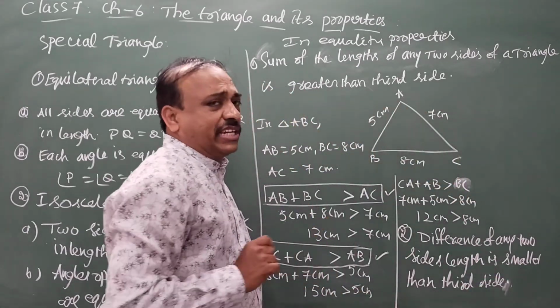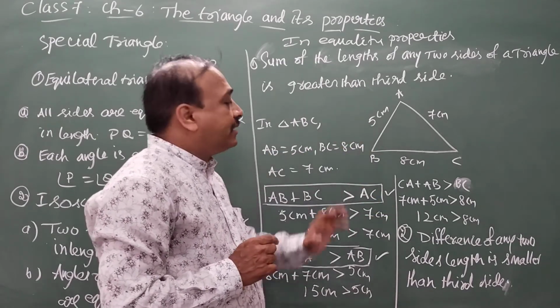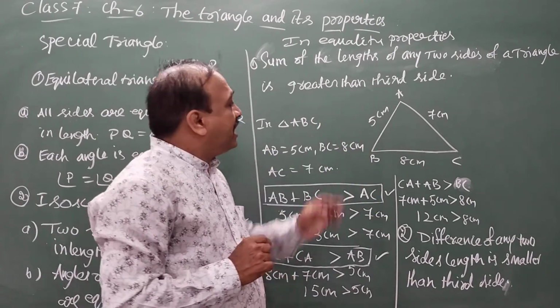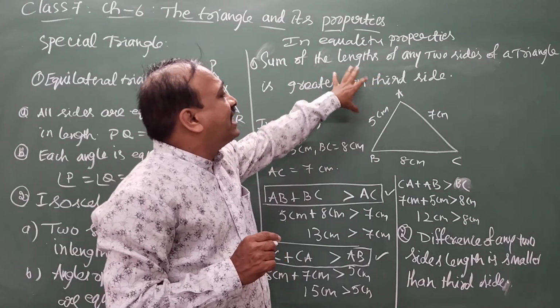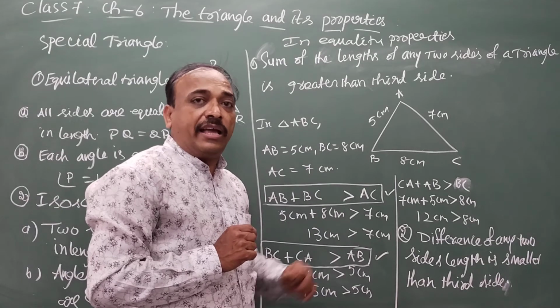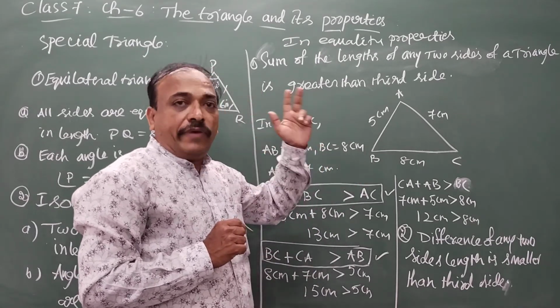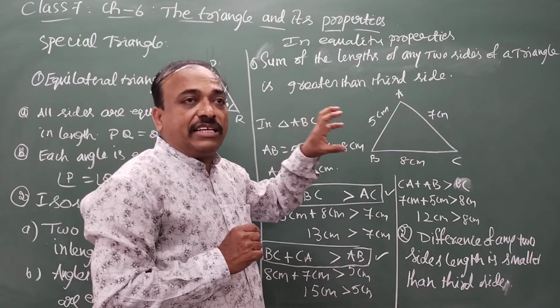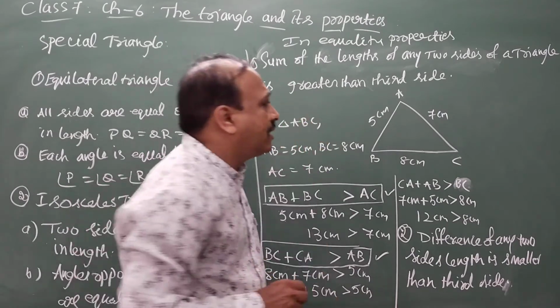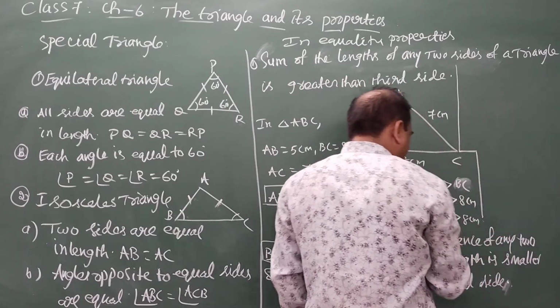Difference of any two sides' length should be smaller than the third side. Then only we can form a triangle. Sum of any two sides of a triangle is greater than the third side. Then only we can form a triangle. So these two criteria we need to remember when we are checking whether we can form a triangle or not.